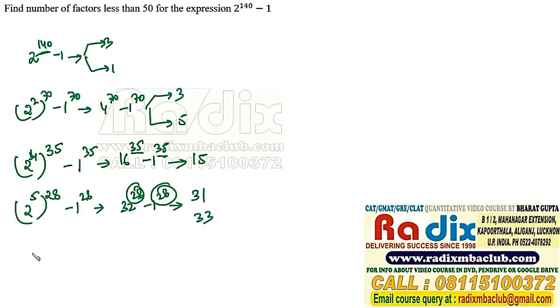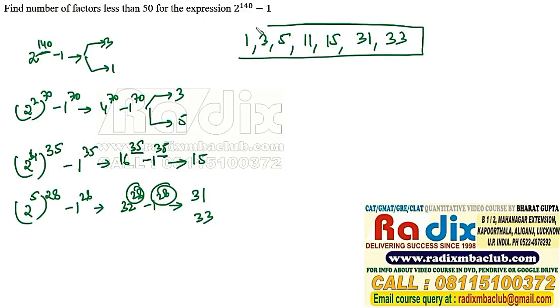Now 2 to the power 6 is not possible, and 7 will be more than 50. So we'll take only these conditions: 1, 3, 5, 11, 15, 31, 33. Okay, and other than these, there is no other number which will divide this.